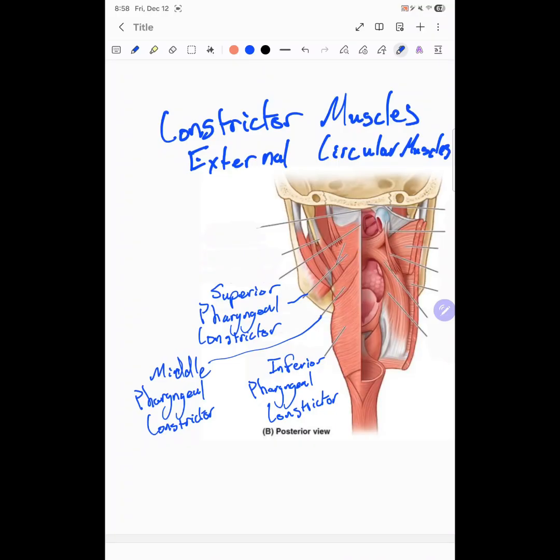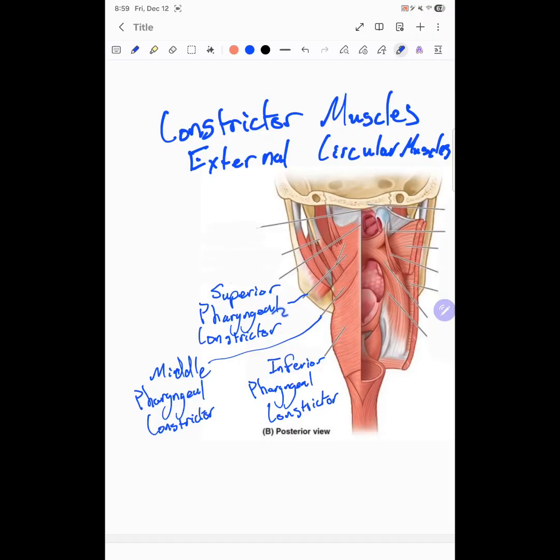The inferior pharyngeal constrictor is going to insert on the oblique line of the thyroid cartilage and on the side of the cricoid cartilage. Its innervation is the vagus nerve, and it's also going to constrict the walls of the pharynx while swallowing. So just to go over, all actions of the constrictors are to constrict the walls of the pharynx. All innervations are the vagus nerve.